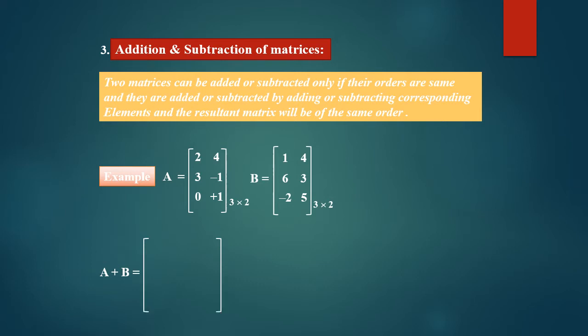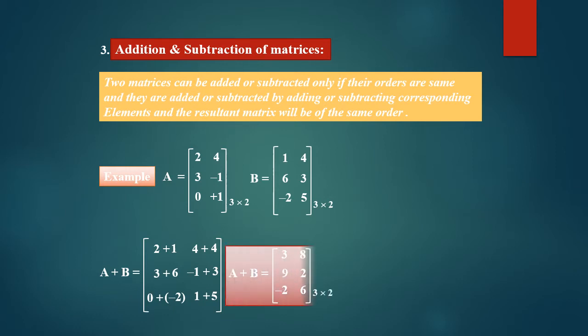So A plus B is a matrix which is obtained by adding the corresponding elements of A and B. So first element of A with first element of B, second element with second element, and so on. So we get A plus B equal to 3, 8, 9, 2, minus 2, 6.